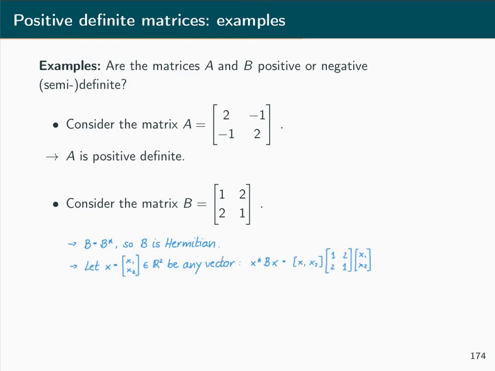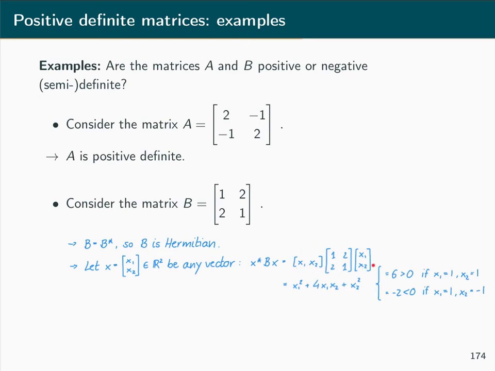Second, in order to check the definiteness of the matrix B, we assume any vector x in R2 with the elements x1 and x2, and we form the expression x star times B times x given by this expression.